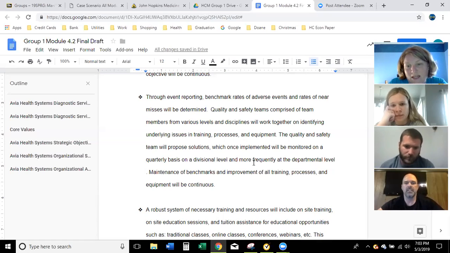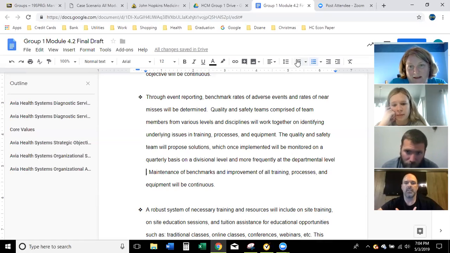Jared, I like leaving it open so that they're not too constrained, but I do agree with Spencer that it does need to be more frequent. So we could say more frequently as deemed necessary by leadership, but give them a minimum, like at least this much. I don't know. That might be too wordy.